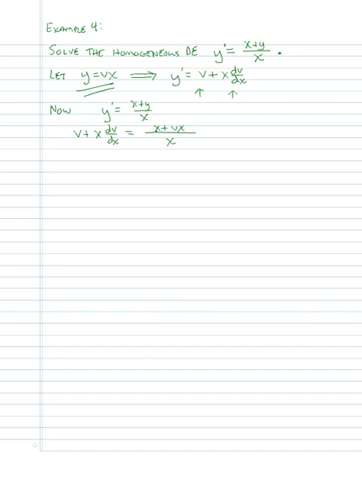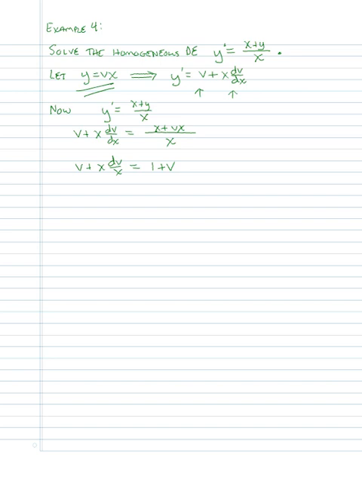And that's all divided by x. Well, then we can see that on the right side, that fraction in this case will simplify because we can factor an x out of the numerator, and that will cancel with the x in the denominator. So that will leave us simply with 1 plus v.